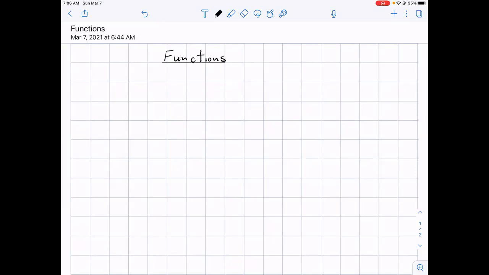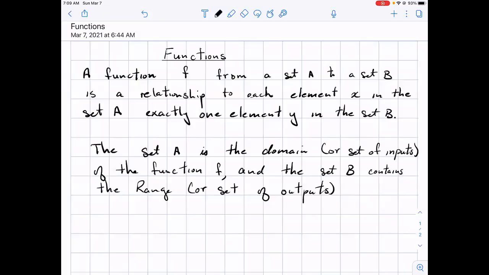Well, let me present you with a definition of a function. So here we can see a function, and the most common notation for a function is f. From a set A to a set B is a relationship that assigns to each element x in set A exactly one element in set B. Okay.